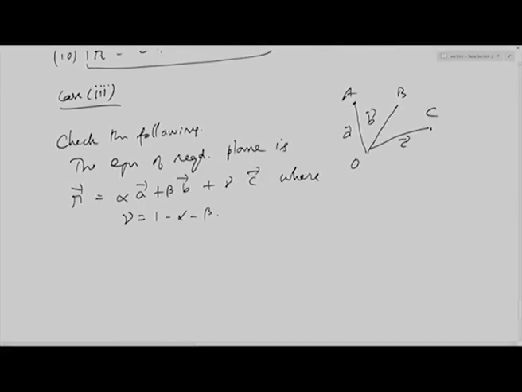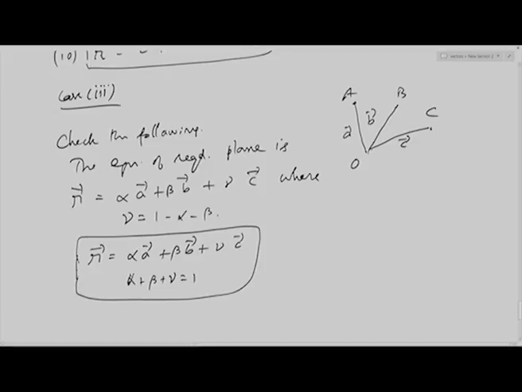So, you can simply use the case 2 and derive that the equation of the plane will be this, and hence I can shortly write this as R is equal to alpha A plus beta B plus gamma C, where alpha plus beta plus gamma equals 1. Okay. So, this is the equation of the plane passing through the given points A, B and C.